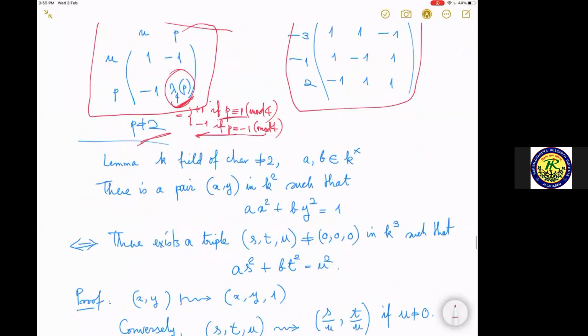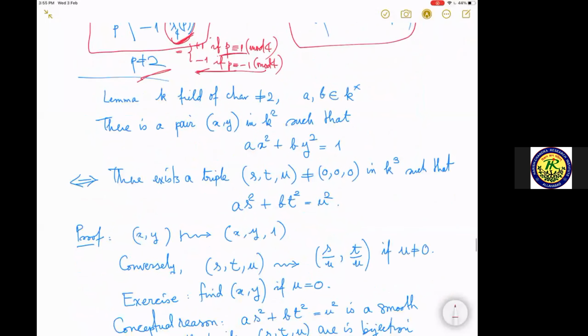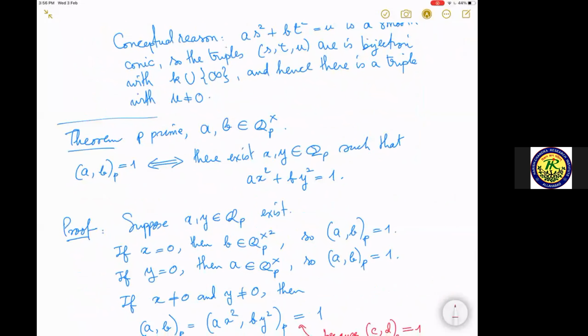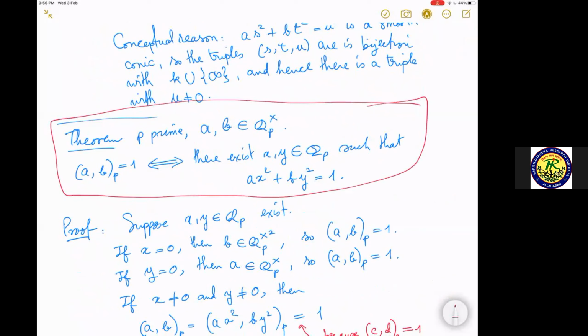Okay, so I'll finish today by proving this theorem here. The theorem says that whenever I have a and b in Q_p star, the Hilbert symbol (a, b) is equal to 1 if and only if this equation has a solution (x, y) in Q_p. That's what you want to do in mathematics, right?